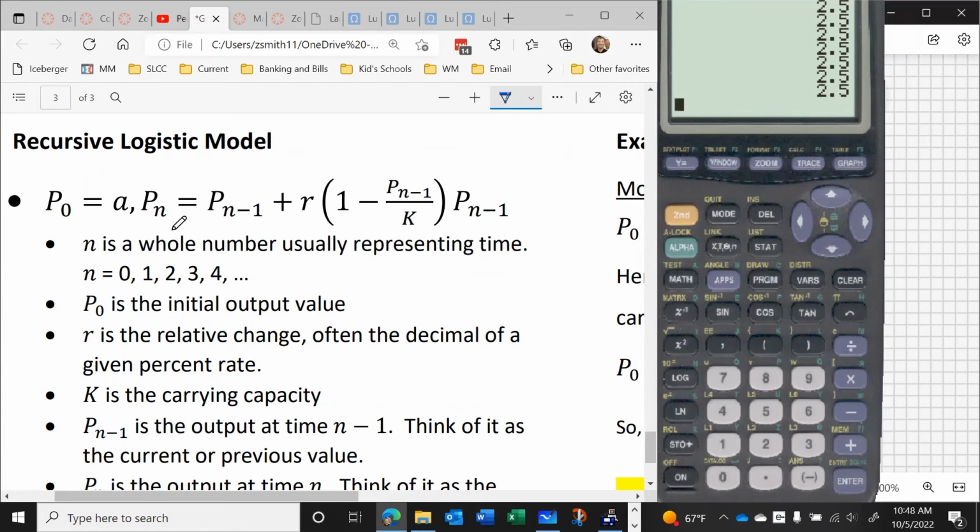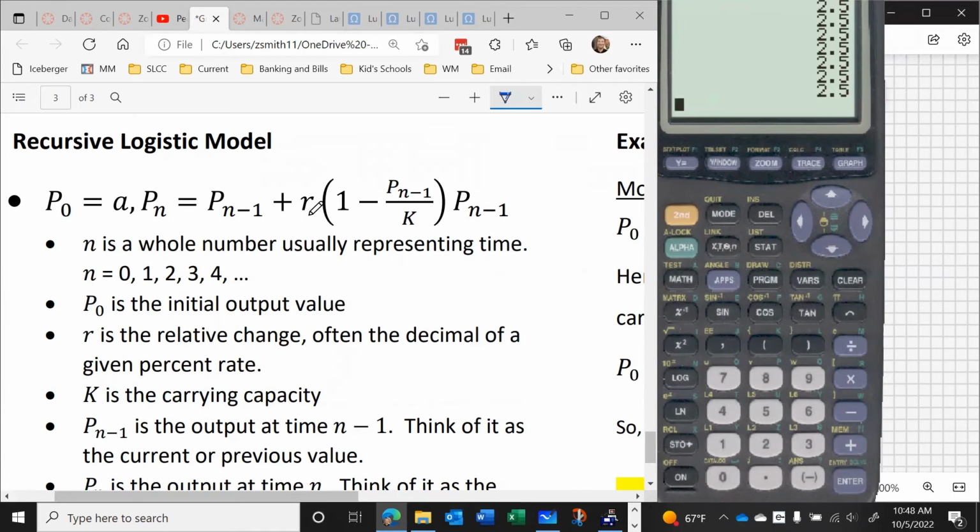So P sub 0 is still the initial value. R is still the growth rate. Often this will be given as, absent constraints, the growth rate would be like 6% or whatever.